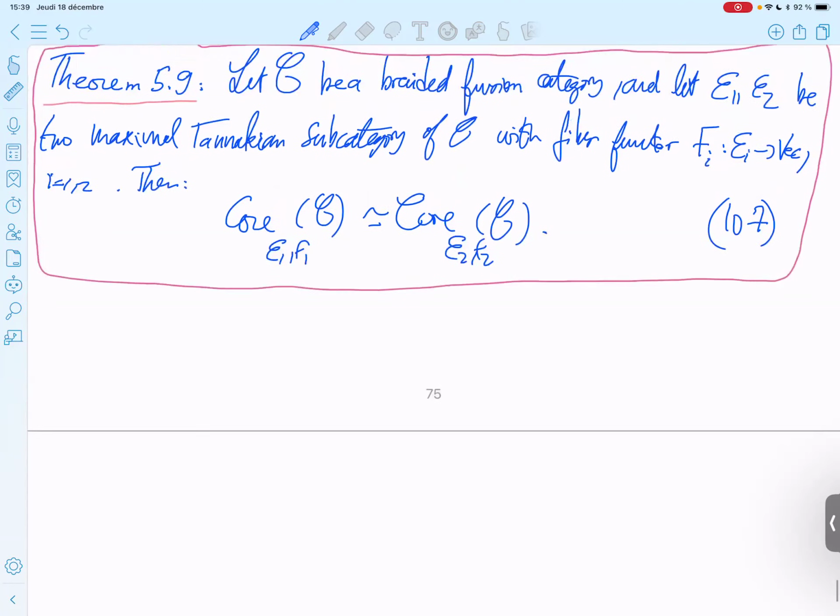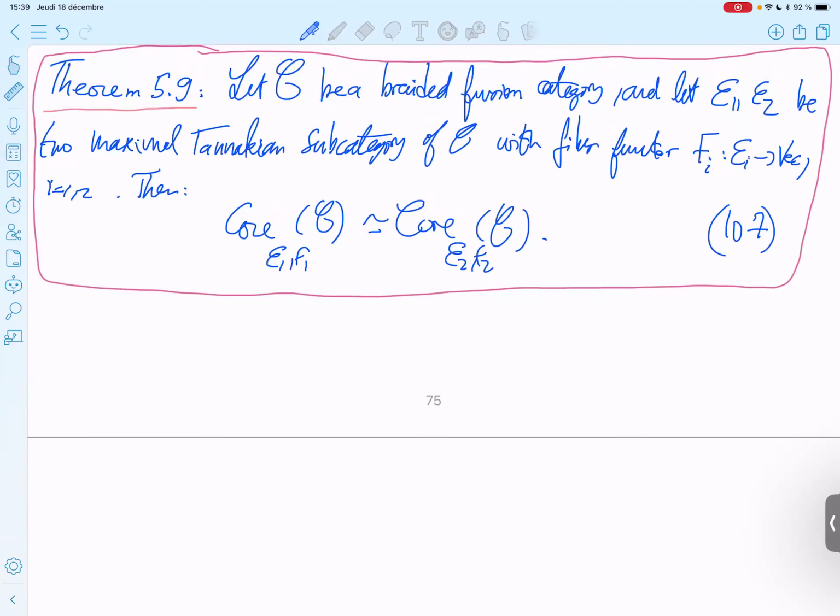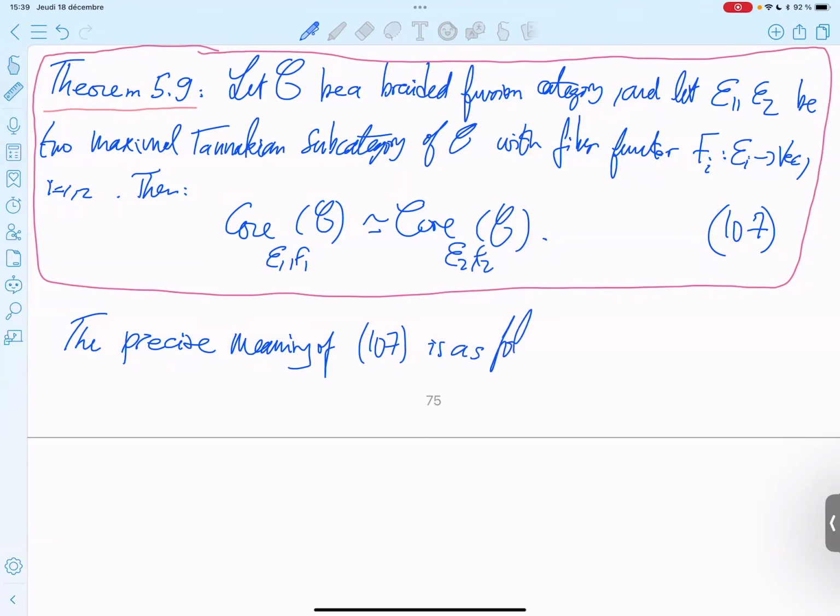Okay, so what about the meaning of this isomorphism? The precise meaning is as follows.